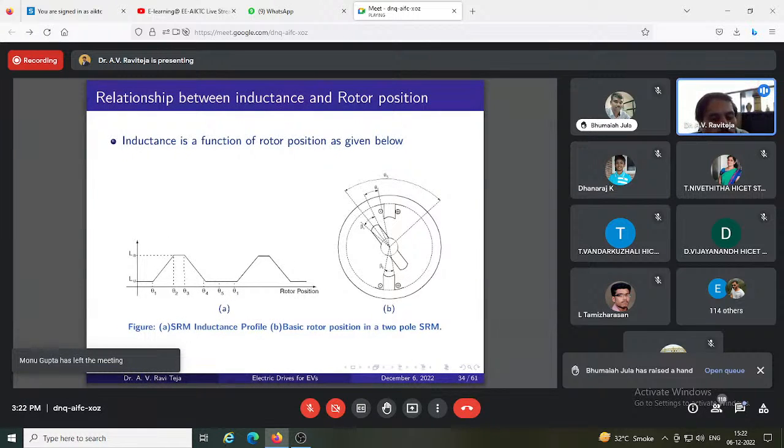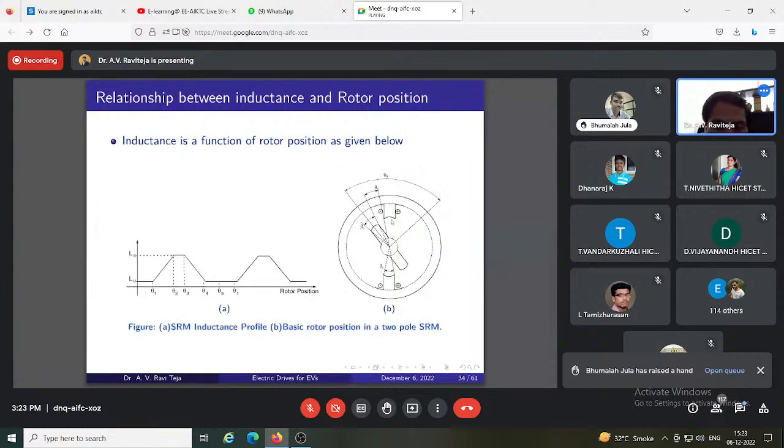So the per-phase inductance profile of any phase of the switched reluctance motor will look something like this. As long as it is completely unaligned, it will be some L min, and when it is starting to align, the inductance will slowly rise until it is fully aligned. Once it is fully aligned, it will remain constant for a duration depending on the difference in the widths of these two.